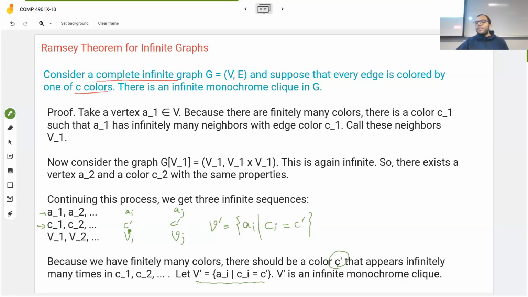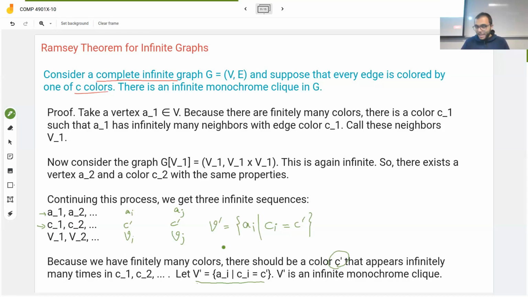And I deleted every vertex that was outside of VI. The fact that AJ still remained there means that AJ was in VI. And if AJ was in VI, it means that the edge from AI to AJ had the color C prime. And this works for every pair of vertices in V prime. So all the edges in my V prime are of the same color and they're of the color C prime.